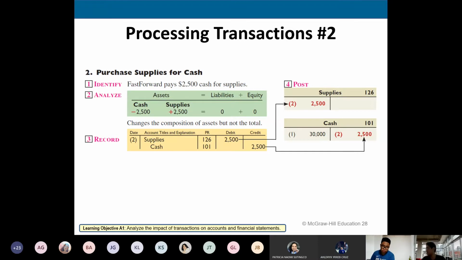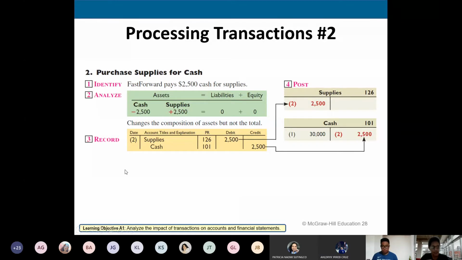So our entry: your asset increased, debit supplies. And you paid in cash, so your cash decreased. Every time you decrease an asset, you credit it. What decreased? Cash. So credit cash.